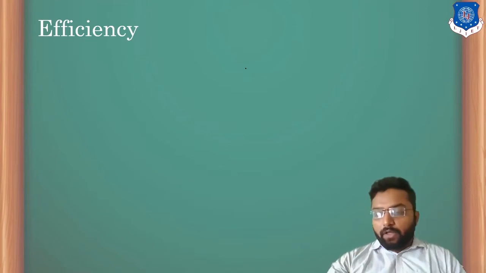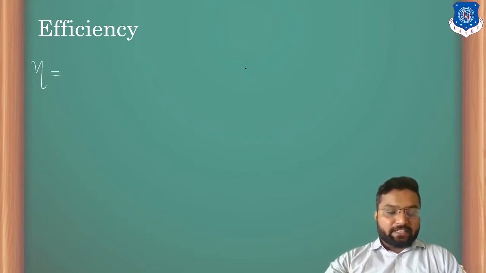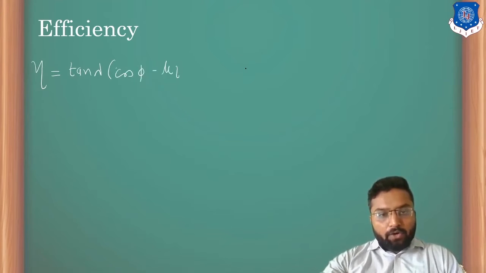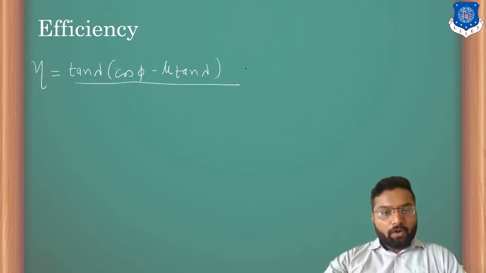How? In the case of the worm, the efficiency is tan lambda into (cos phi minus mu tan lambda) divided by (cos phi tan lambda plus mu).